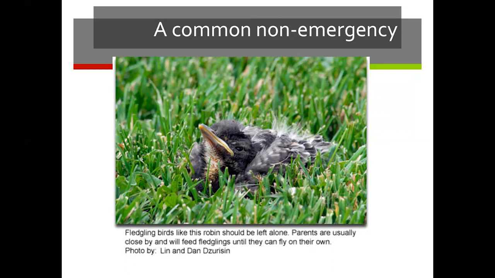So the response is to actually step back and watch quietly from a distance and observe if parents, aka similar looking birds, can be seen tending to this fledgling. There are some exceptions: predators in the area that cannot be contained, aka dogs or cats that are about to eat this little fledgling.